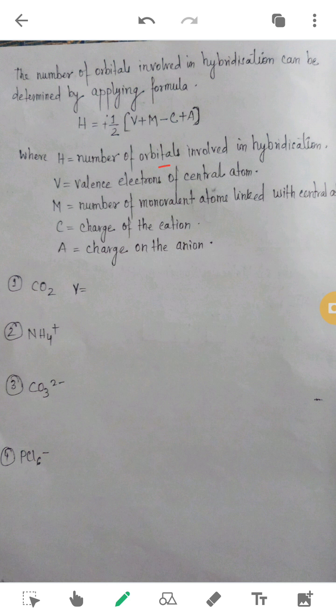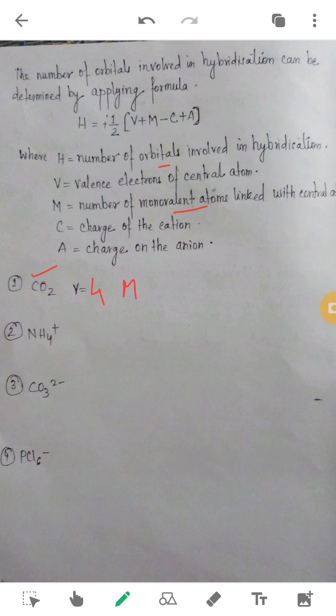So let us try a few. The first one is the CO2 molecule. Valence electrons here is 4. Now the next one you have to check is M, the number of monovalent atoms. I know you'll know that oxygen is not a monovalent atom, it's a divalent one, so we take 0 for this.